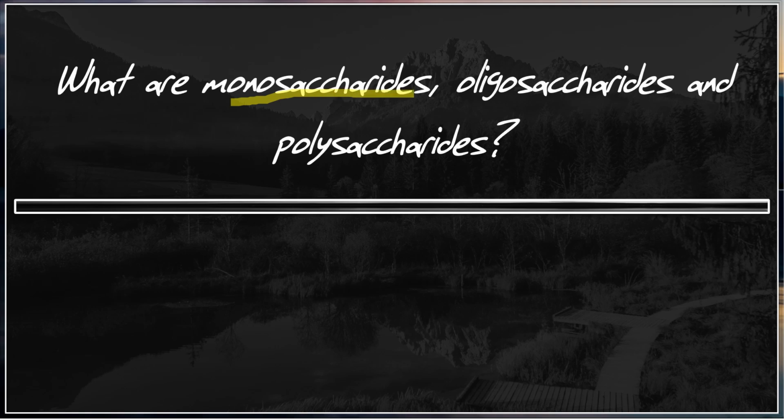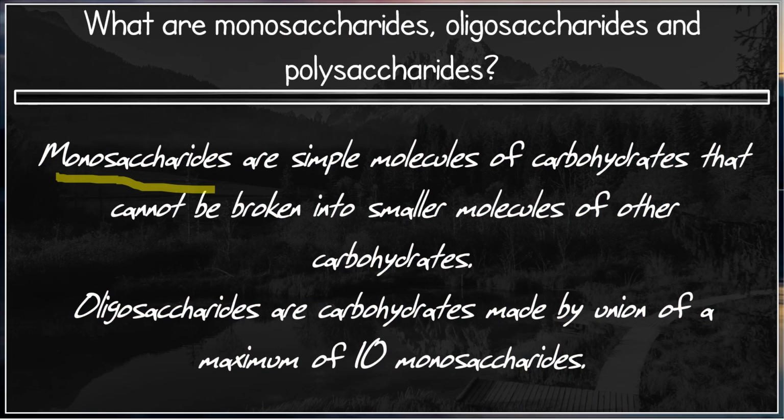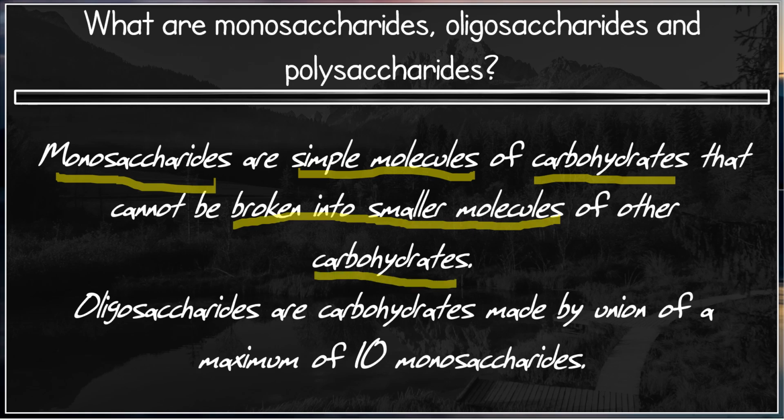What are monosaccharides, oligosaccharides, and polysaccharides? Monosaccharides are simple molecules of carbohydrates that cannot be broken into smaller molecules of other carbohydrates.